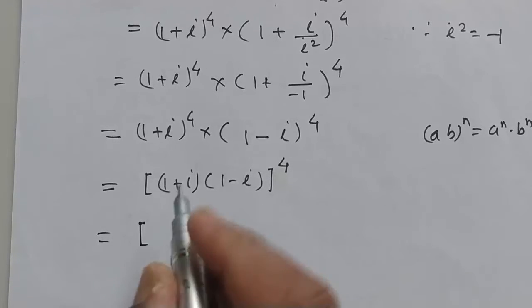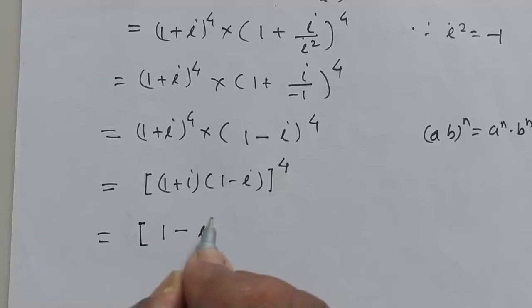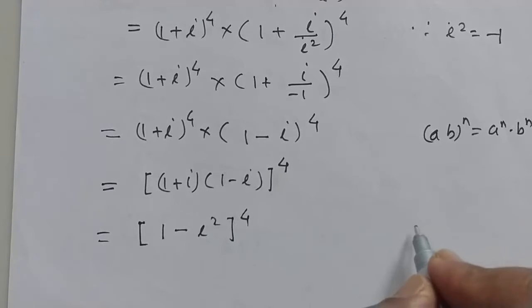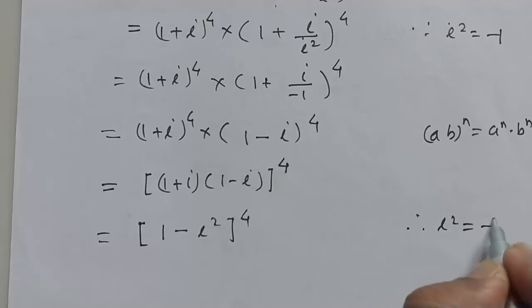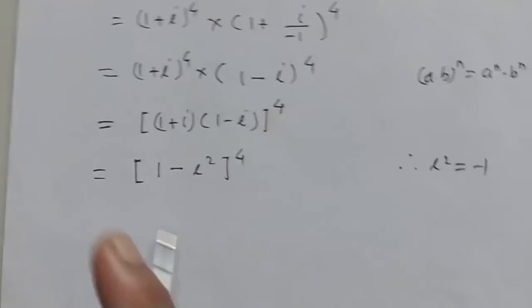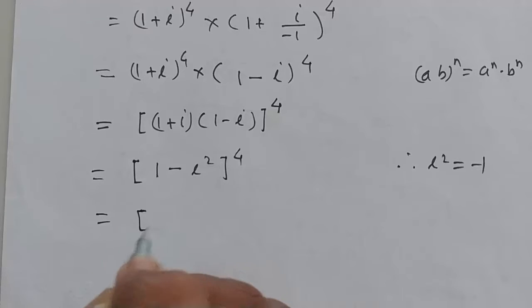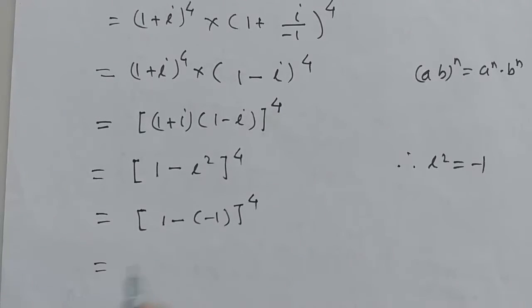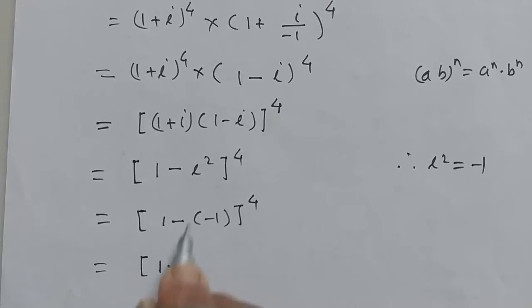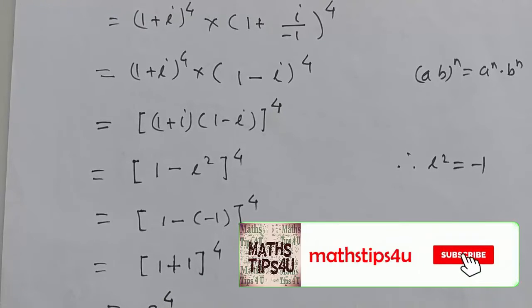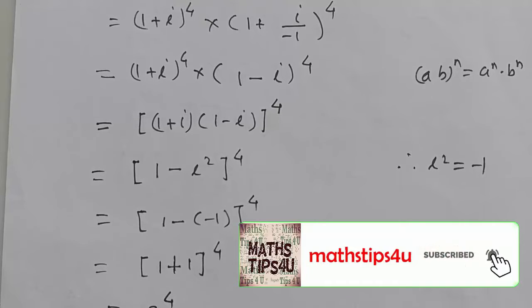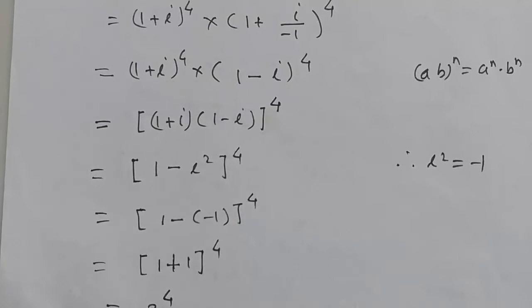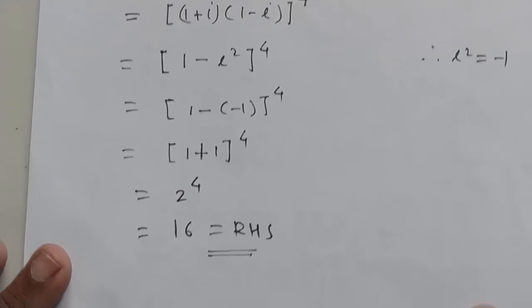So this is equal to (1 minus i squared) raised to 4. Again i squared is equal to minus 1. Therefore this is (1 minus (minus 1)) raised to 4, that is (1 plus 1) raised to 4, which is equal to 2 raised to 4. 2 raised to 4 is 16. This is nothing but the RHS. Hence we proved this example.